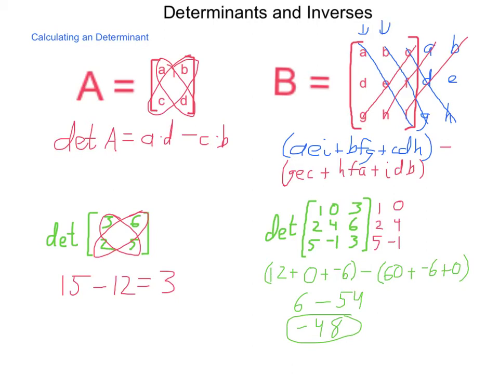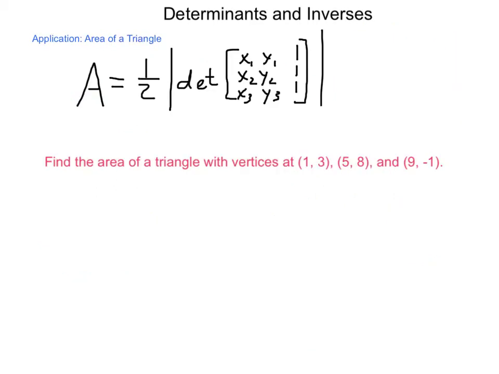So let's see how we can now use these determinants to apply into inverses as we go. Let's begin that with a look at an application. If you have the coordinates of the vertices of a triangle, you can use a determinant, as shown here, to find the area of that triangle.